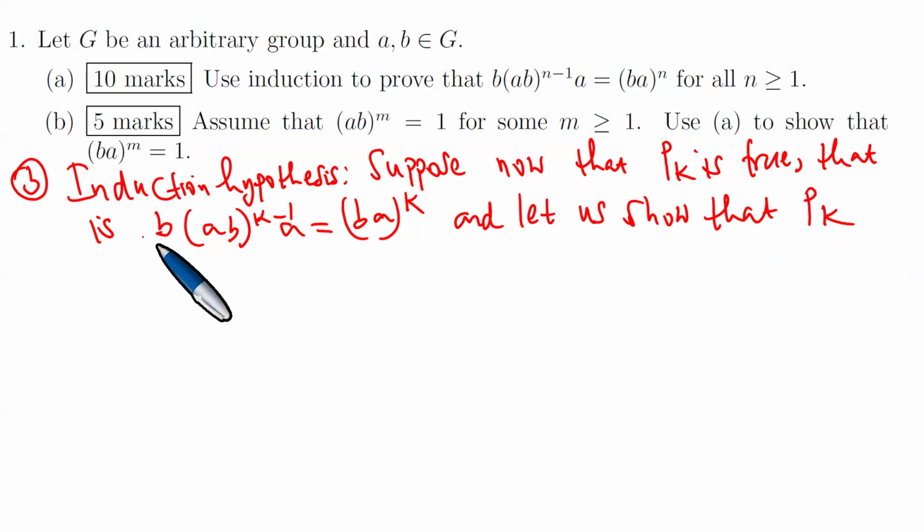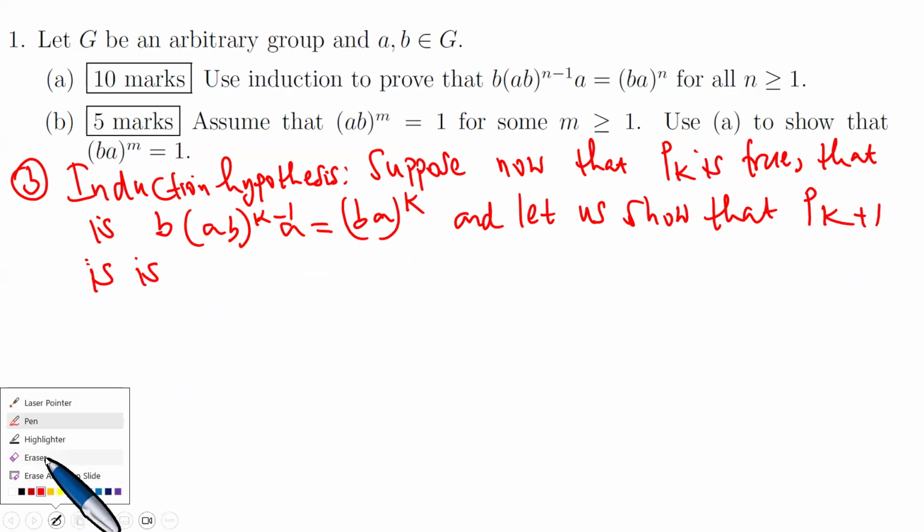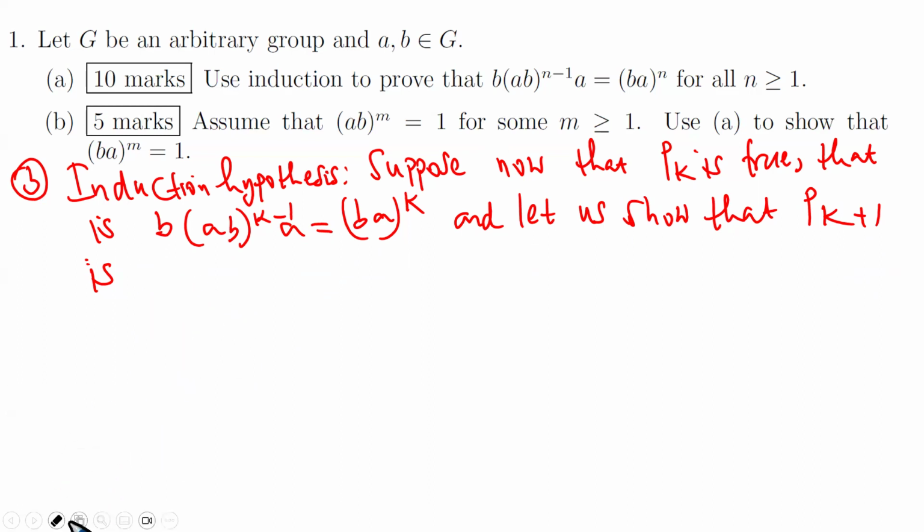It's just an overview of the whole module. Because we assume that PK is true and we show that P(k+1) is true, this statement is true for the successor as well. So we want to show that P(k+1) is also true.